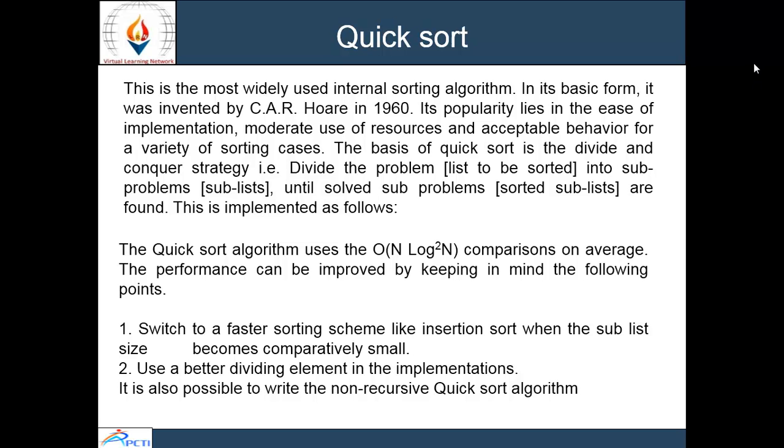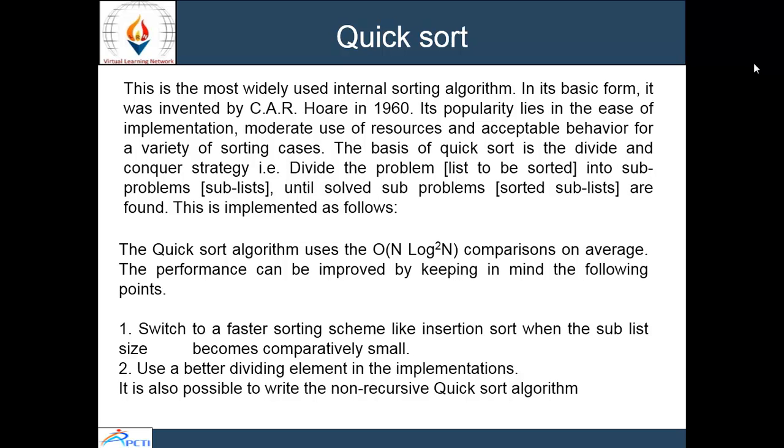Quick sort is based on the divide and conquer technique. It is an internal sorting algorithm. In quick sort, if we have a total of 5 values, then firstly we select the first value as a pivot value, and we compare the first value with all the remaining values.